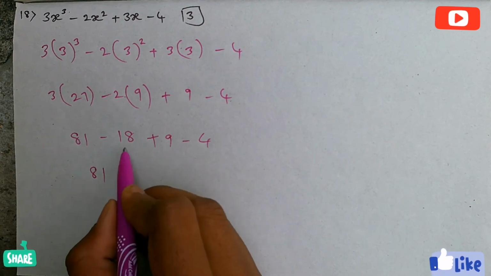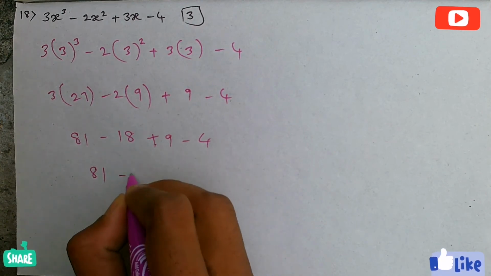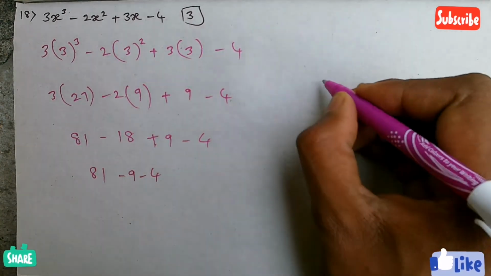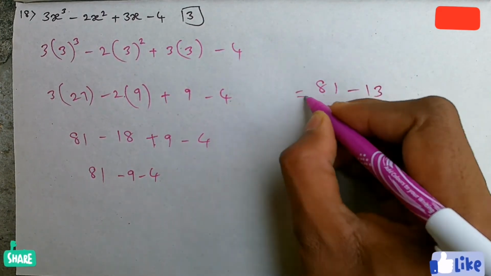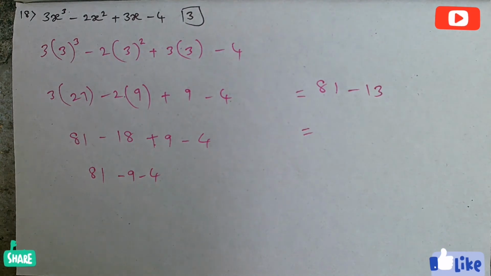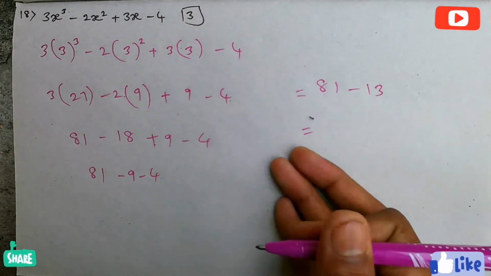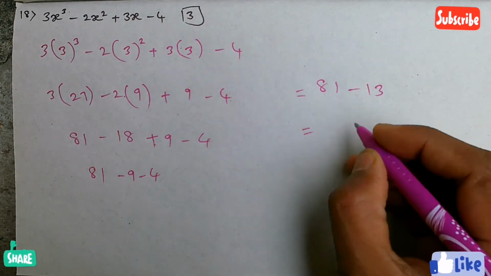81 minus 18 plus 9 minus 9 minus 4. 81 minus 9 minus 4, minus 13. So 81 minus 13. Minus 13 is nothing but 68.